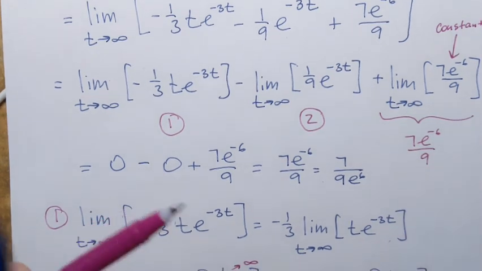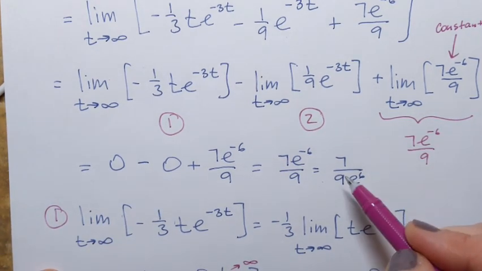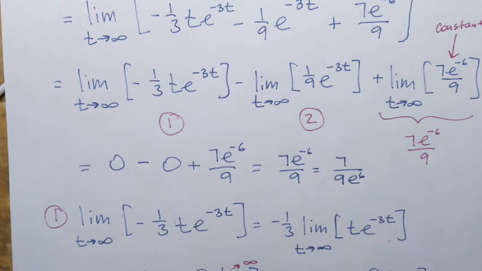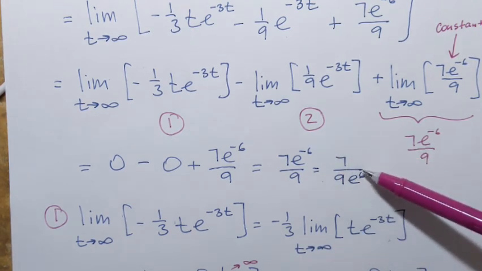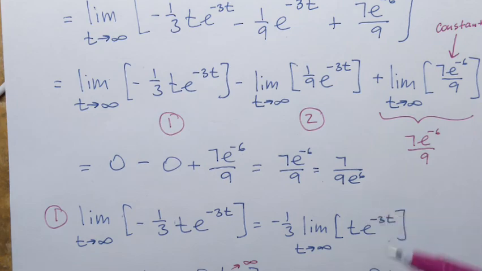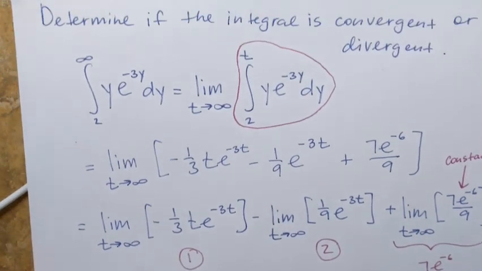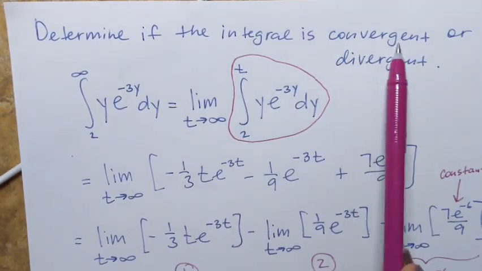Since we ended up with a constant, first of all, that means that the limit exists, and it's a finite number, and you can always approximate it using a calculator. So that means that the original integral is convergent.